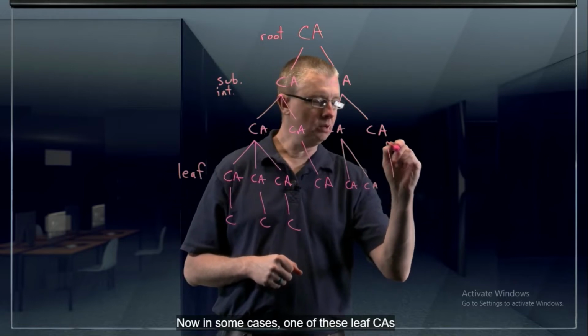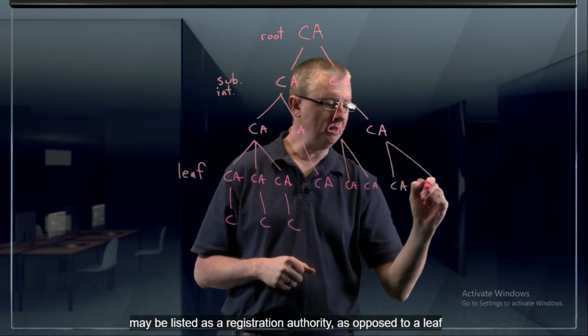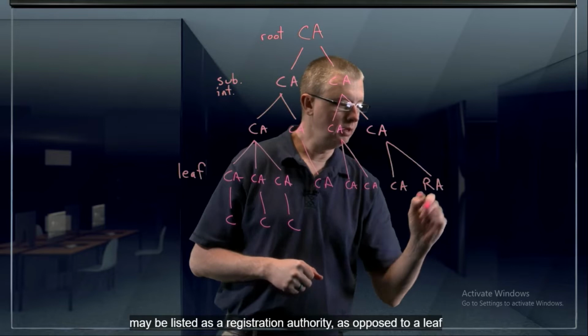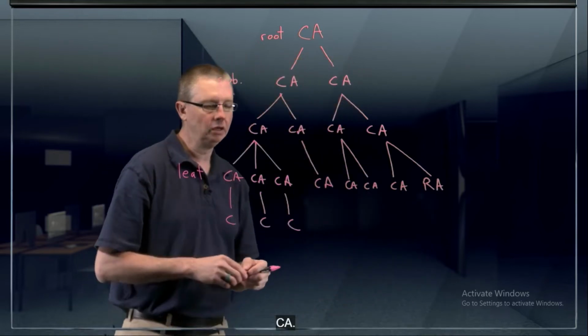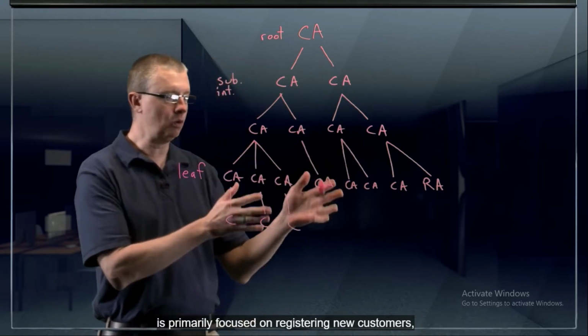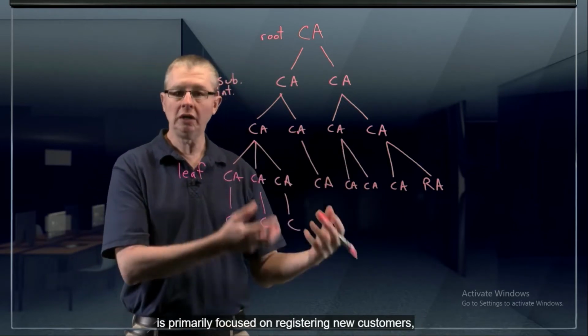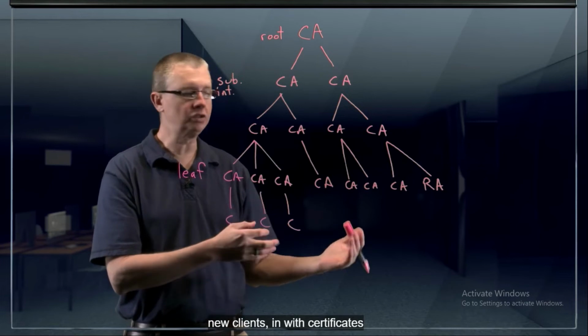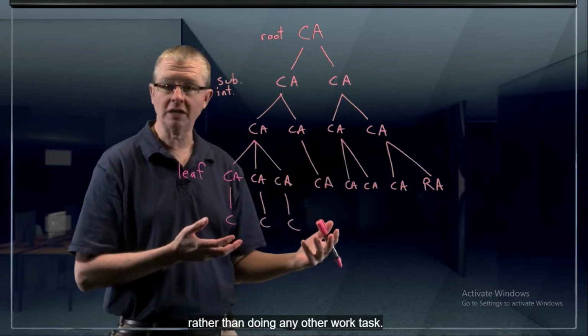Now, in some cases, one of these leaf CAs may be listed as a registration authority, as opposed to a leaf CA. The main distinction there is a registration authority is primarily focused on registering new customers, new clients with certificates, rather than doing any other work task.